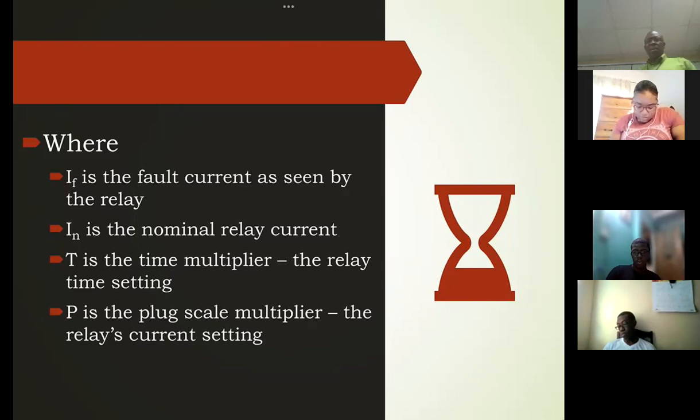IN there would be the nominal relay current, the relay operating current. Big T is the time multiplier, and P is the plug scale multiplier, or the relay's setting current.